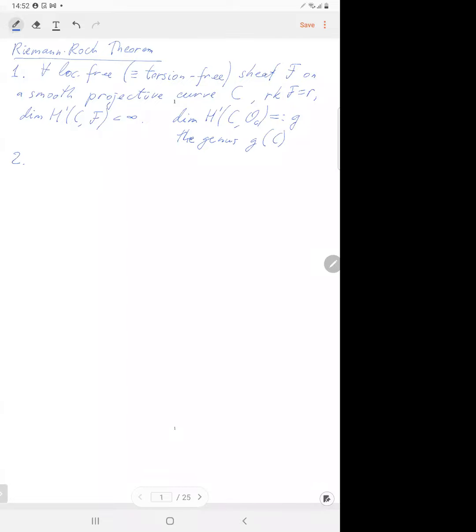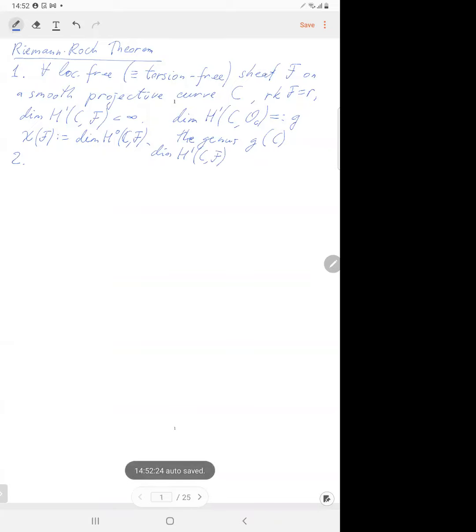Also, we define the Euler characteristic of F as the difference of dimensions of the zeroth cohomology minus the dimension of the first cohomology.